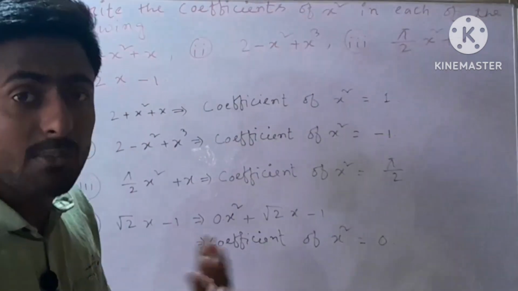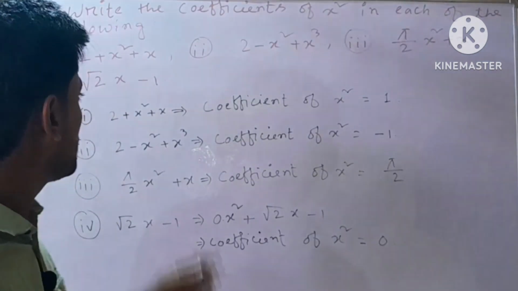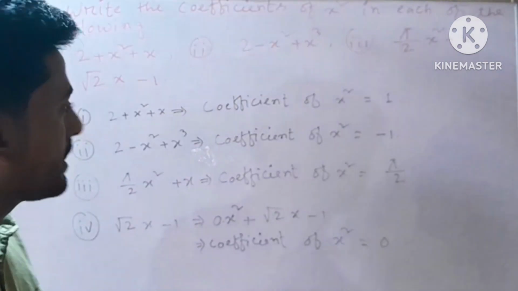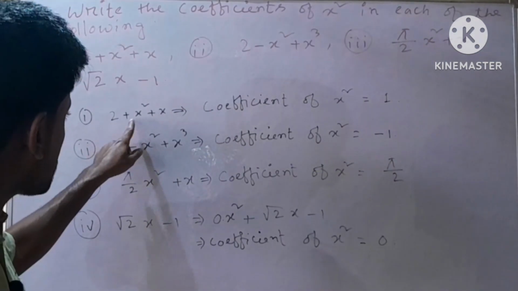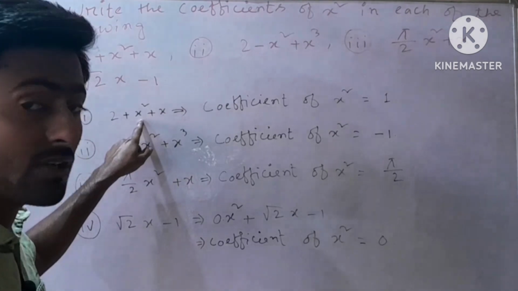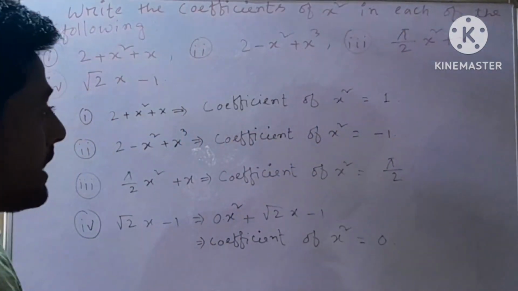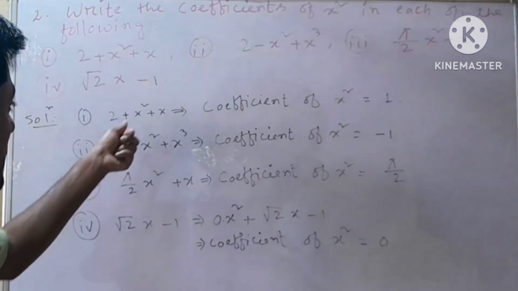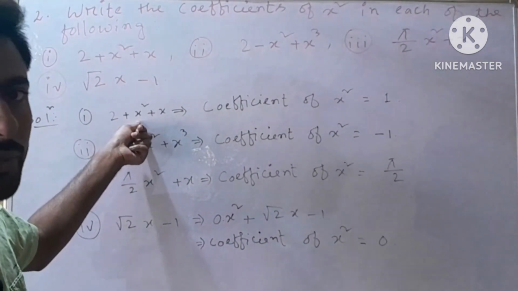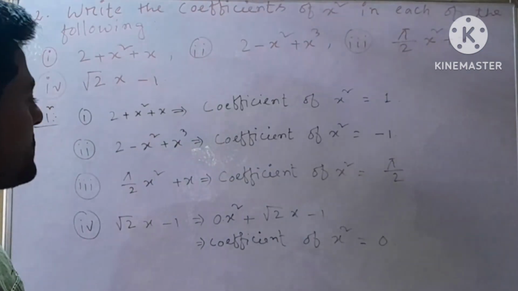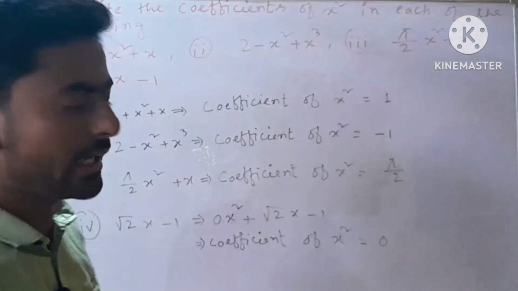That means which number is multiplied with x square. Here you see in 2 plus x square plus x, coefficient of x square will be 1. Where 1? You see here 1 is multiplied with x square. So therefore coefficient of x square will be 1.